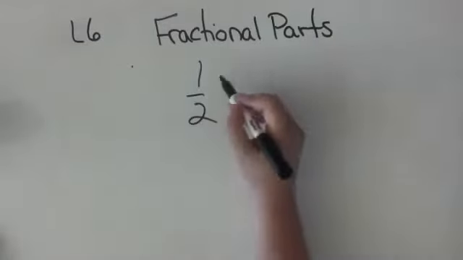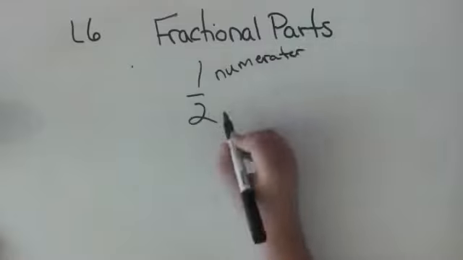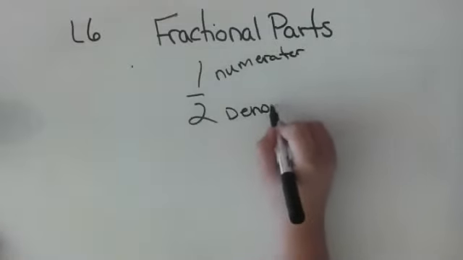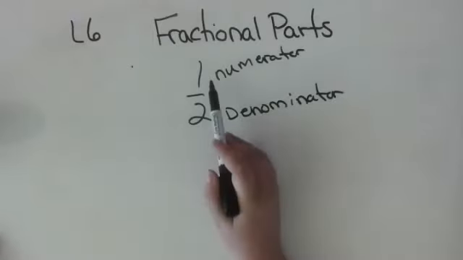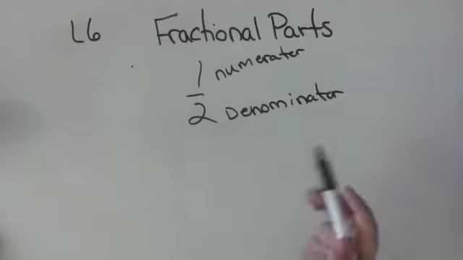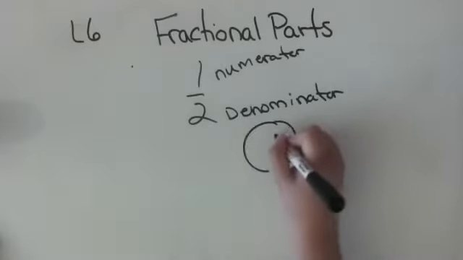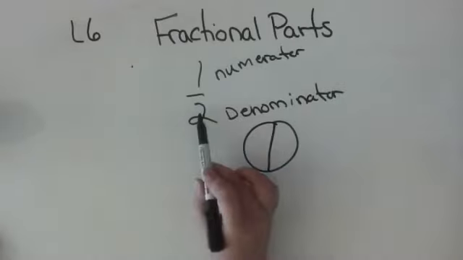It has a numerator and a denominator. The numerator tells you how many pieces you are looking at. The denominator tells you how many pieces there are altogether. So in this example, I have 2 pieces altogether.